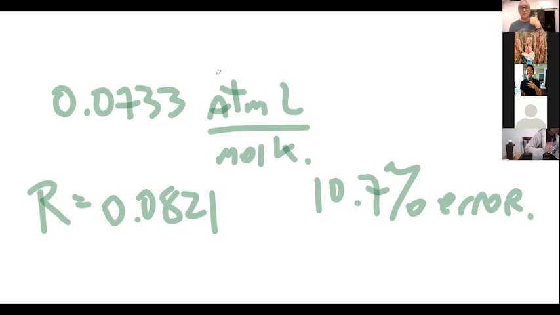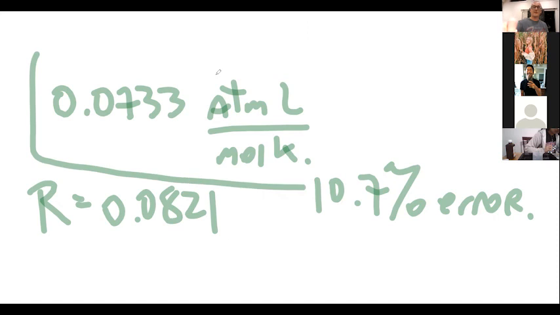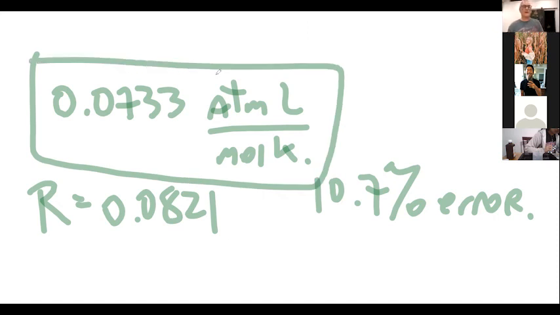So that should be part of your report. Determine what your value is and then compare it to the actual value and give a percent error. Okay? Does anybody have any questions about doing the calculations? I sort of went through that fairly quickly.